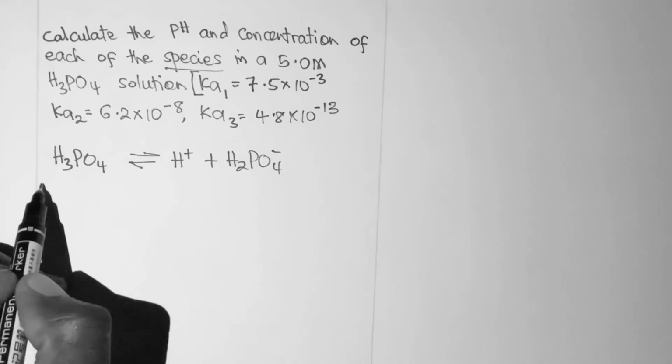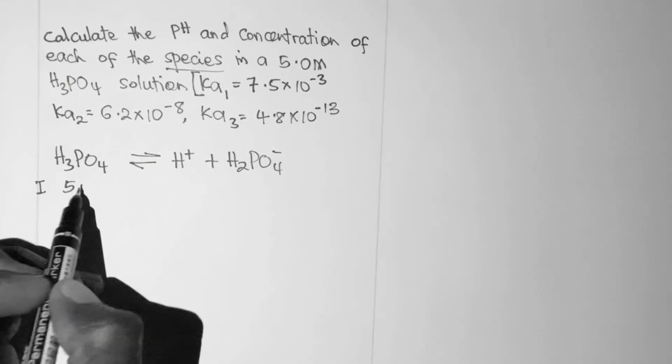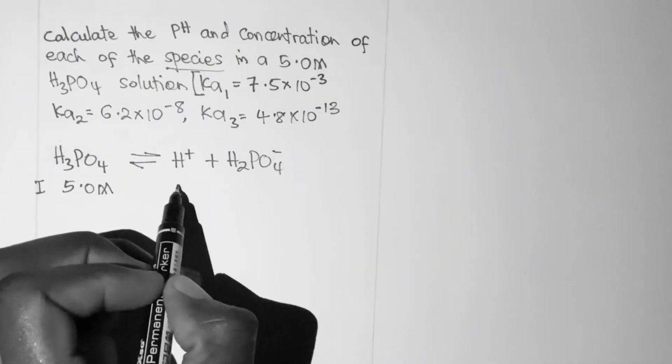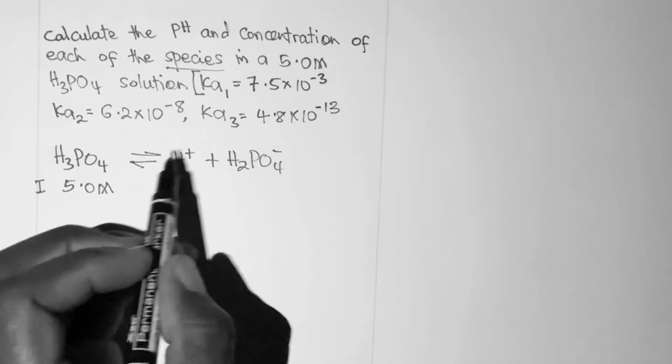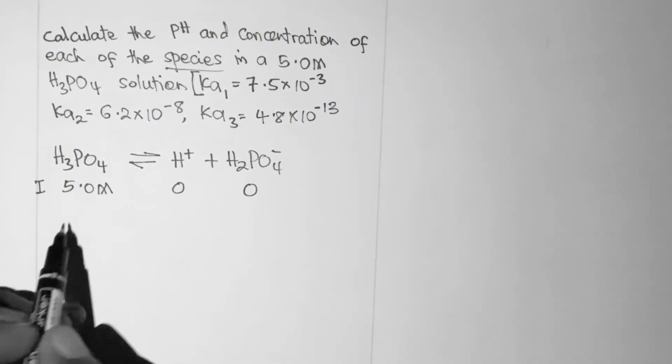So let's use the ICE table to calculate the concentration of the hydronium ions and H2PO4 minus ions. The initial concentration of the H3PO4 that we're given is 5.0 molar. But we know that the initial concentrations of the hydronium ions and the H2PO4 minus ions are both 0.